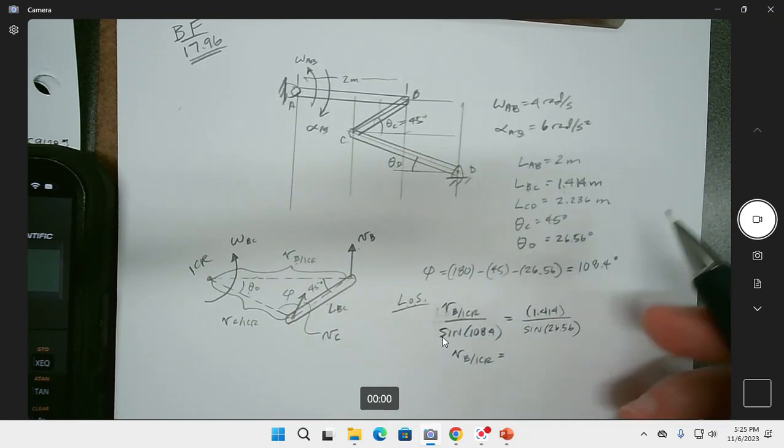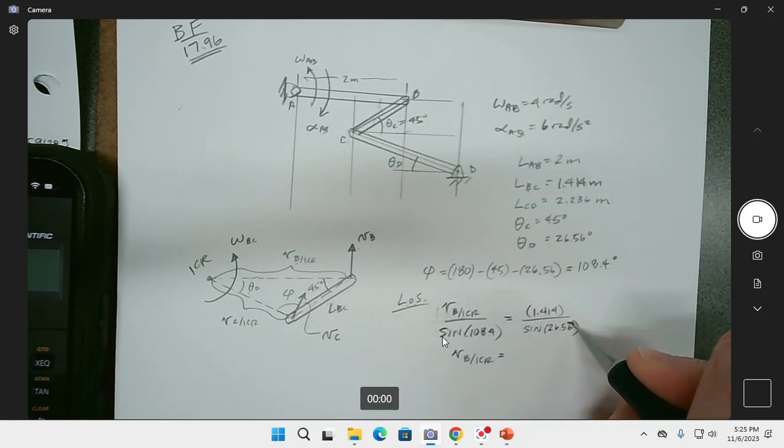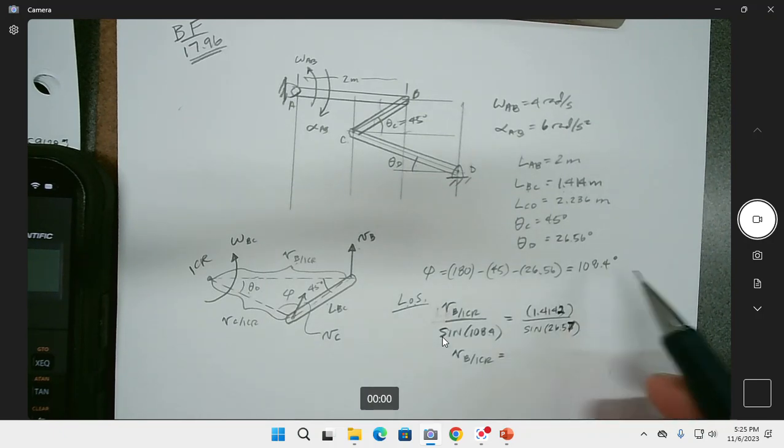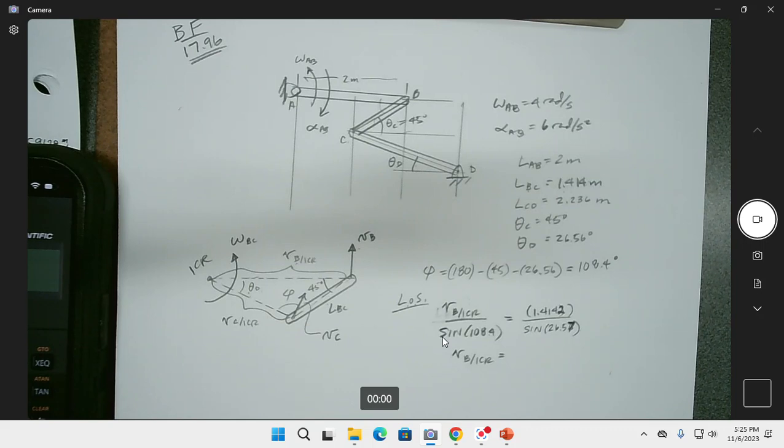Okay. And you never know. Let me double check my 108. I could have messed that up. 180, 45 minus, and then the 26 point. You said 57. Me too. All right, so 108.4 and change. I'll take the sine of that.